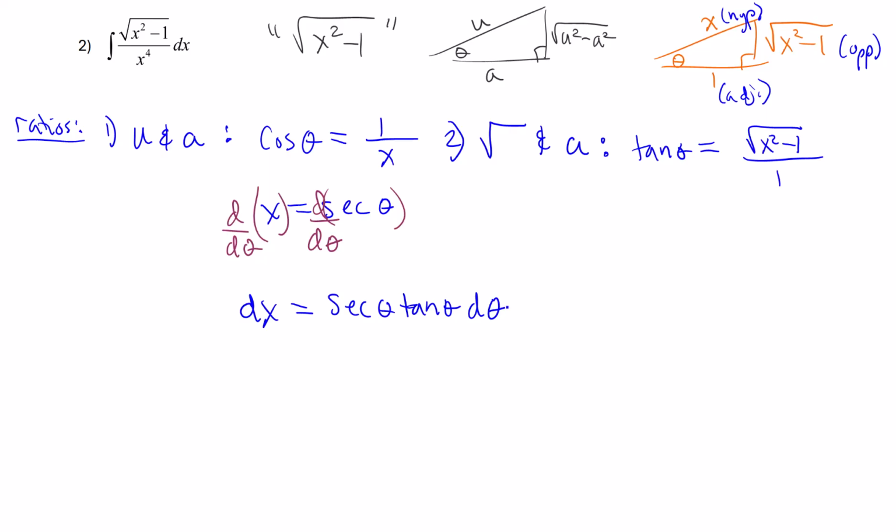Now, this is a substitution that we want because dx will be able to replace the original dx in our problem. And obviously there's more to replace, but that's one motivation for what we just did. We need to be able to substitute the original dx.